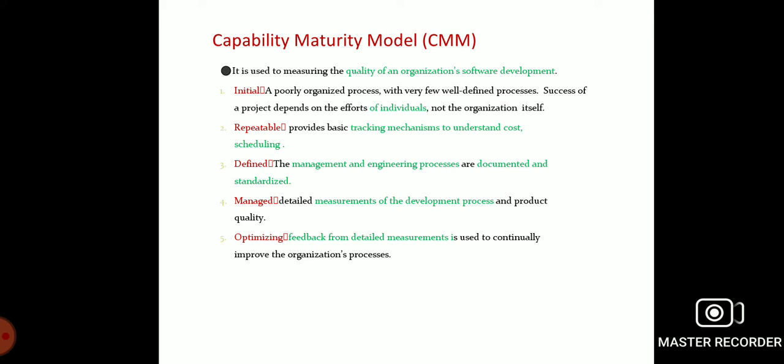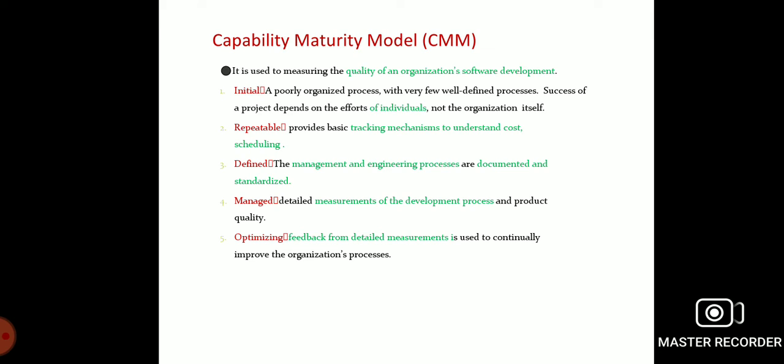Second one, repeatable. It provides a basic tracking mechanism to understand cost and scheduling. Third one is defined. The management and engineering processes are documented and standardized.